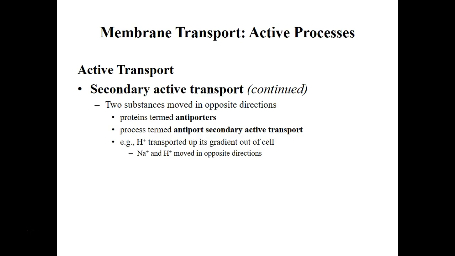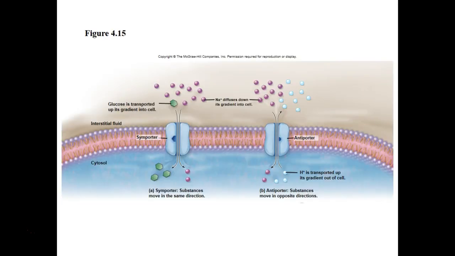So sodium, again, typically it's always sodium. Sodium is moving down its concentration gradient, and then hydrogen ions jump on the kinetic energy, and they move in the opposite direction out of the cell from lower to higher concentrations. And so here we have sodium ions and glucose.